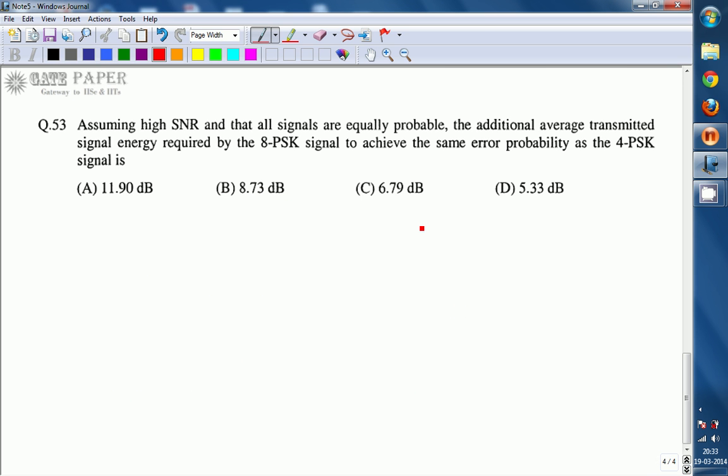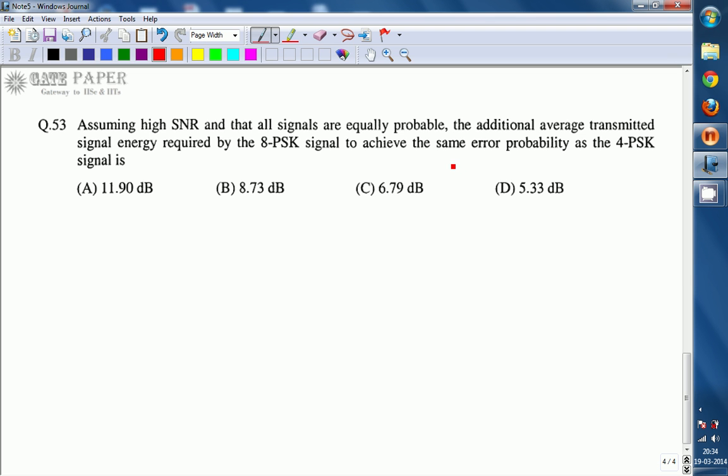Now coming to the second question, that is question number 53. The given question is: assuming high signal to noise ratio and that all signals are equally probable, what additional average transmitted signal energy is required by the 8 PSK signal to achieve the same error probability as the 4 PSK signal?